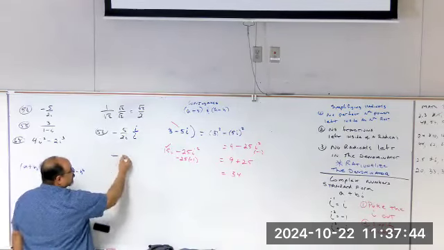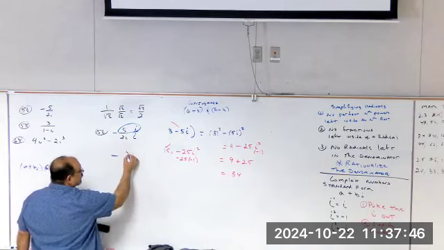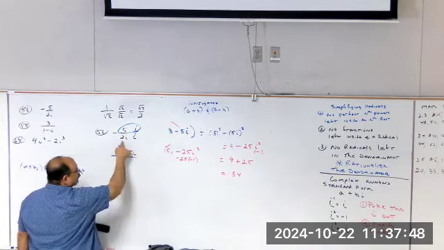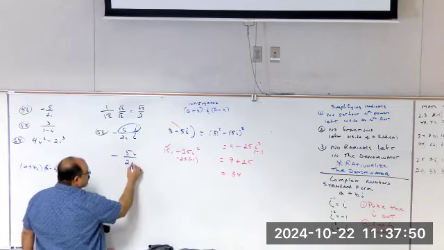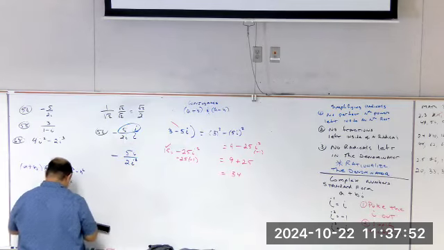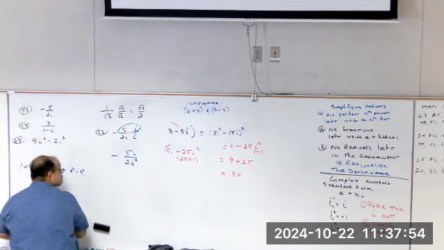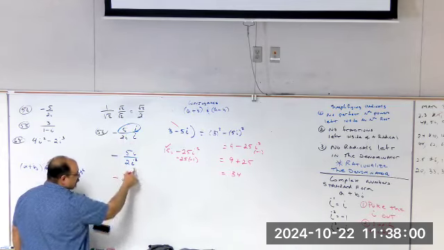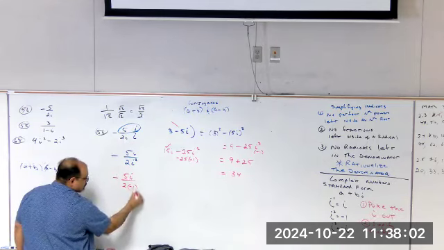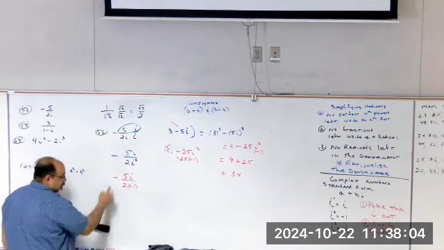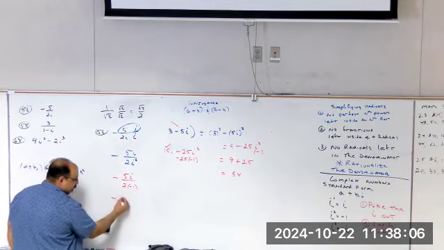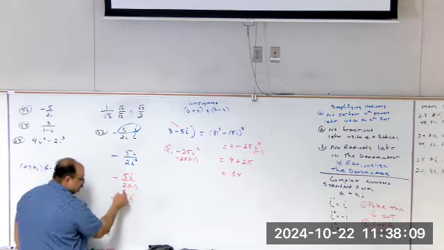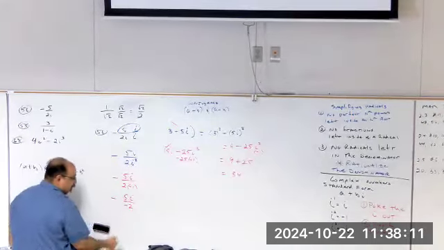So I have a negative 5i over 2 with an i squared. So that's a negative 5i over 2 times what's i squared? Negative 1.